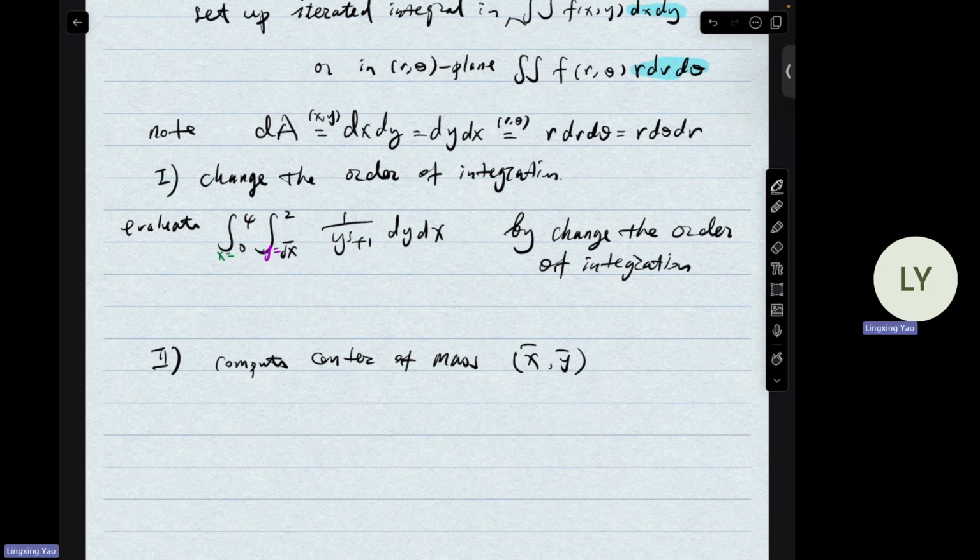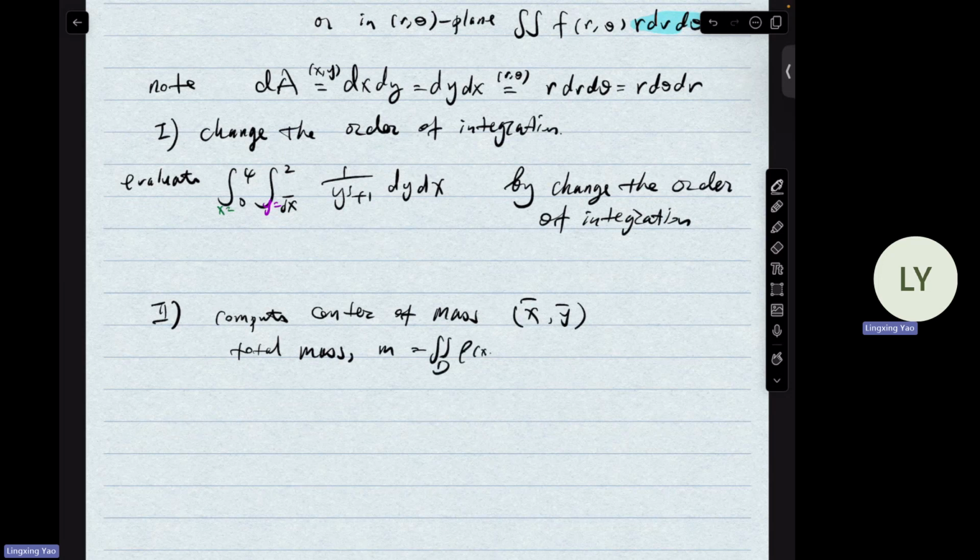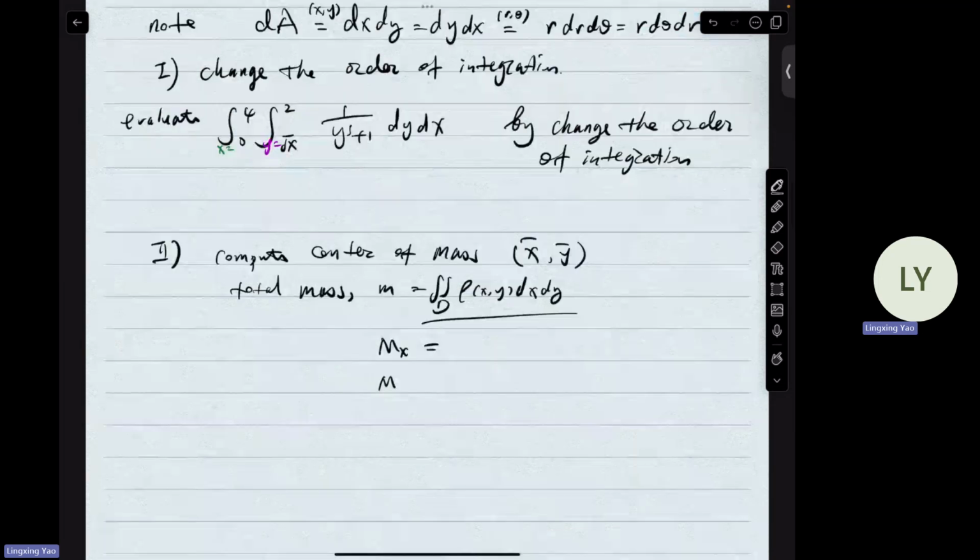In computing the center of mass, we need to compute first the total mass, which is m equals the double integral of rho xy dx dy. Depending on how you arrange it, you could compute it in polar coordinates, and you also have to compute the moments mx and my, right?